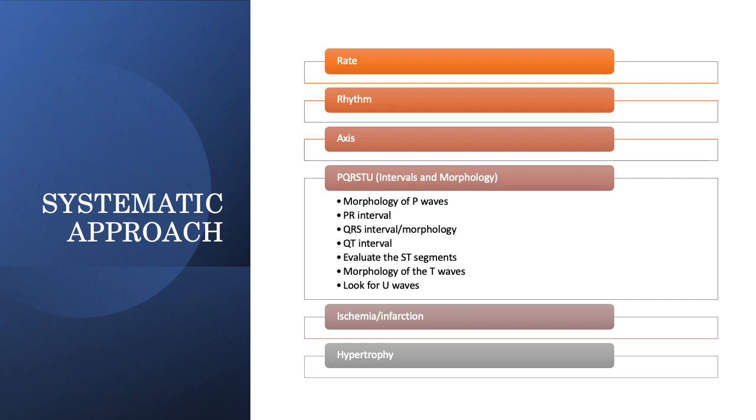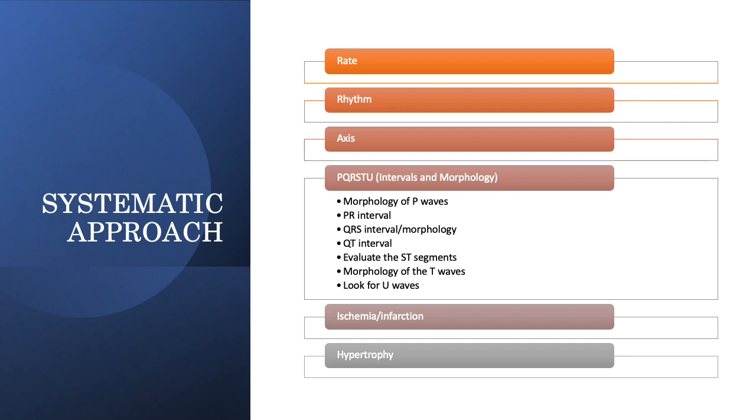We look at rate, we look at rhythm, we look at the axis, and then we look at the intervals and the morphology of the waves. So the intervals and morphology of the P waves, the PR interval, QRS interval, QT interval. We evaluate the ST segments. We look at the morphology of the T waves, and we look for U waves, which are pretty rare, but they do occur. We're also looking for evidence of ischemia and infarction.